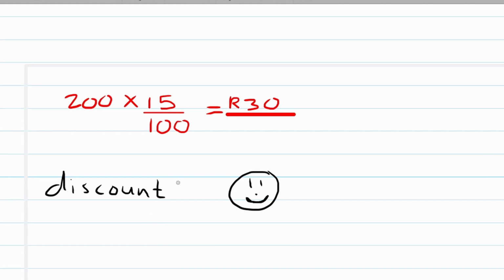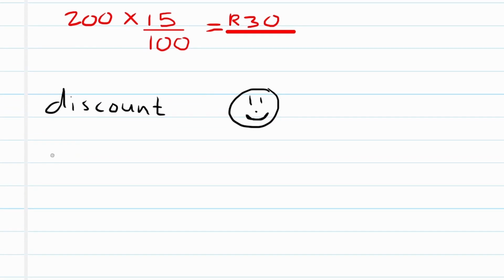So let's look at an example. Let's say the item is supposed to cost 100 Rand, and now you get 17% discount. Then you will still say times 17 over 100, because percentage is a fraction of 100, right?